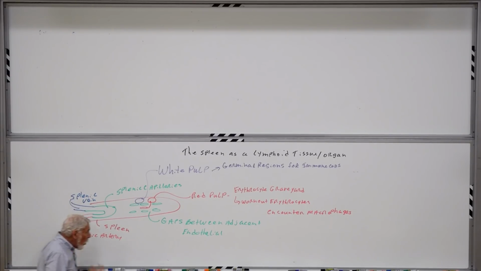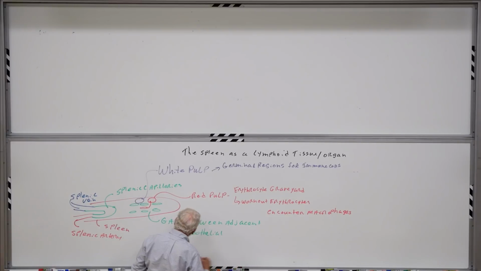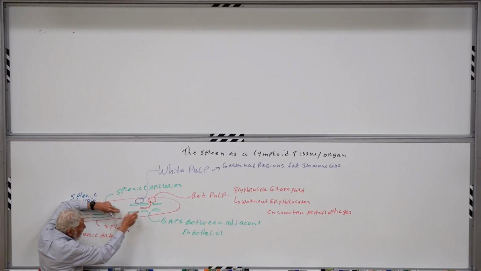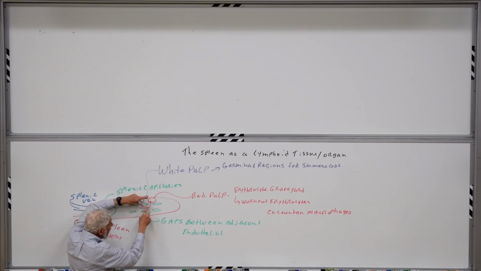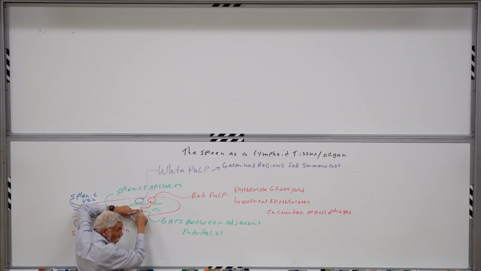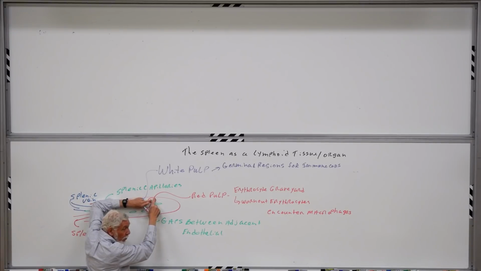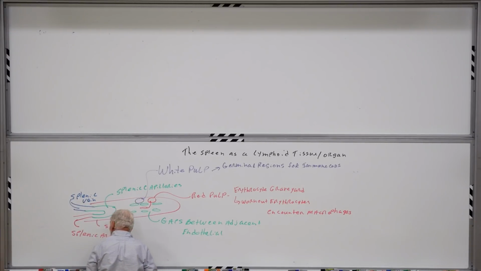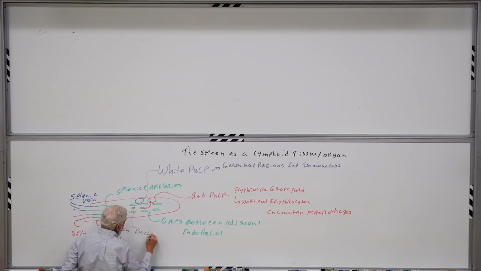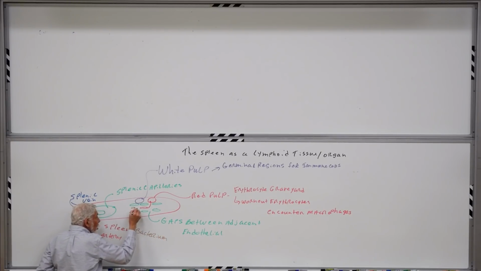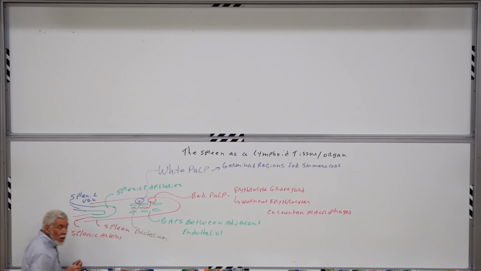So the point of this whole discussion about the spleen is that because of the large gaps between adjacent endothelial cells that permit the movement of whole erythrocytes from the blood vascular compartment into the red pulp, you can similarly imagine how even smaller structures, such as bacteria, can leave the blood vascular compartment and get out into the extracellular space.